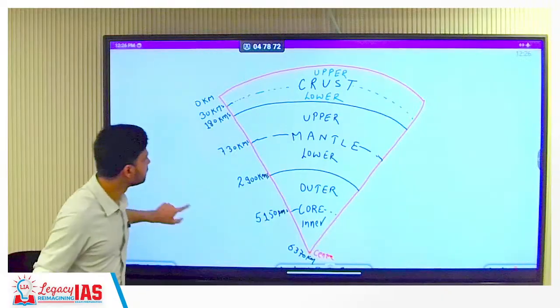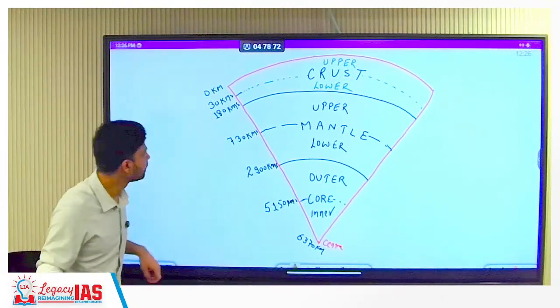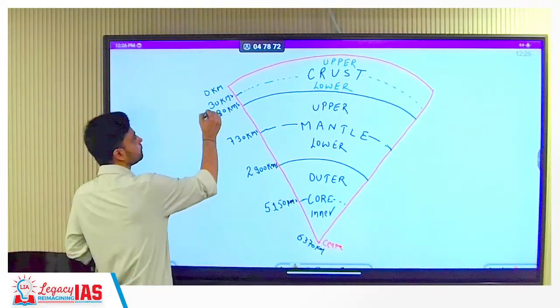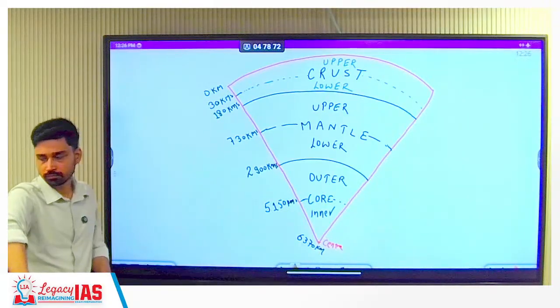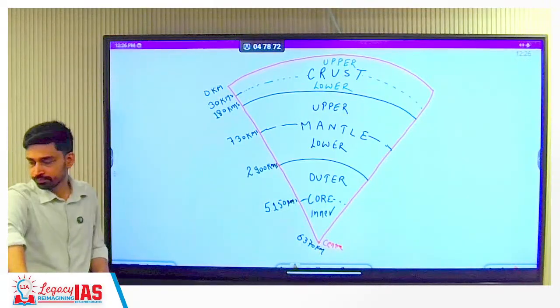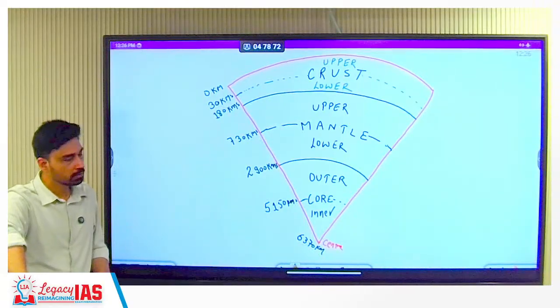So these are the depths of the layers from surface to center. Understood? Right. Then we can write the next one.